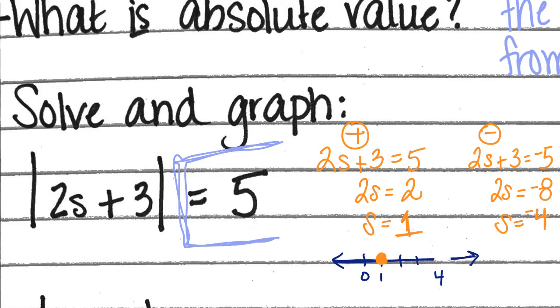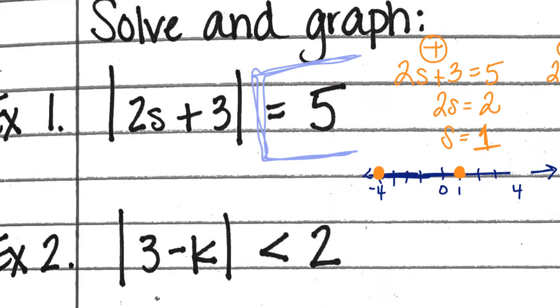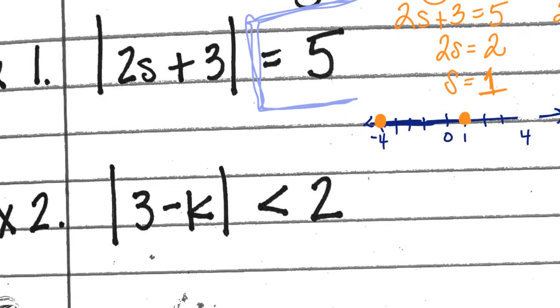Let's erase. I have to go this way. Sorry, guys. See how we all make mistakes? 1, 2, 3, -4. And we're going to put a closed dot at -4.